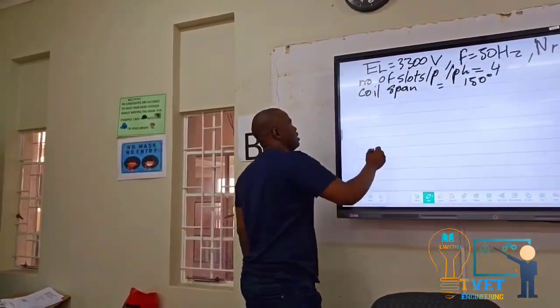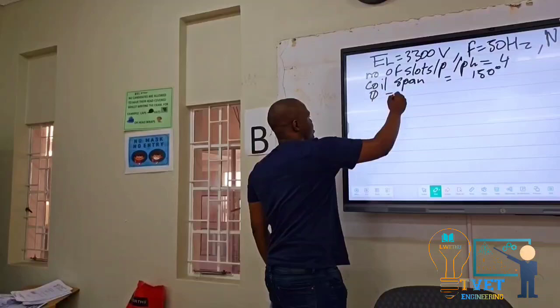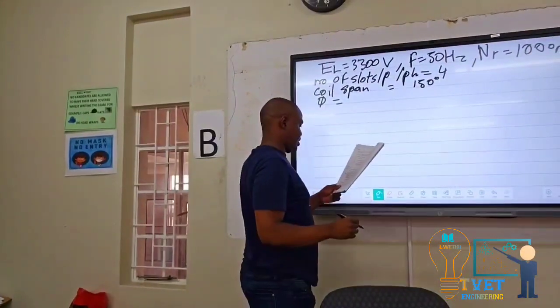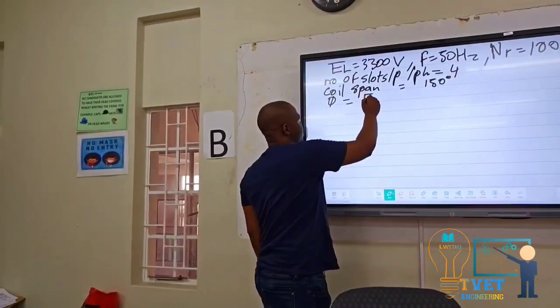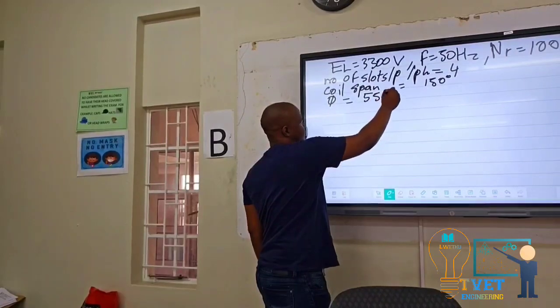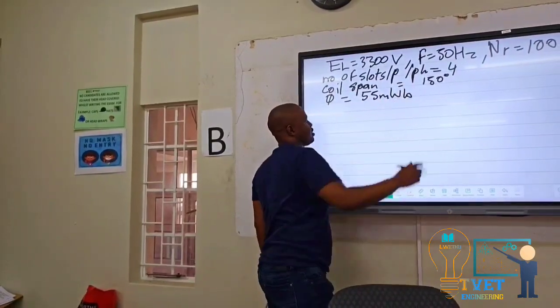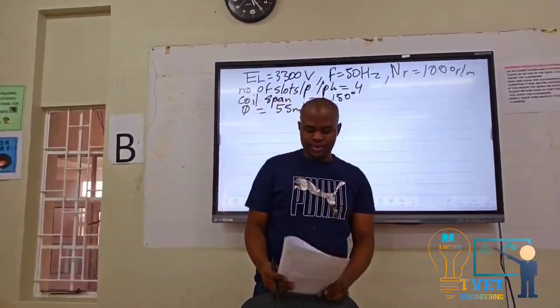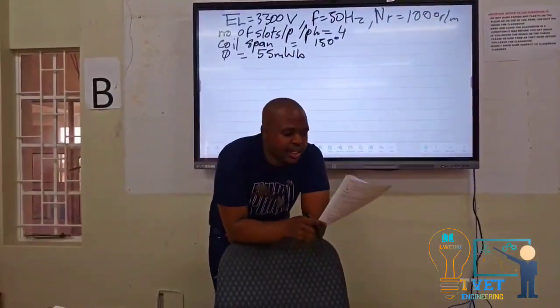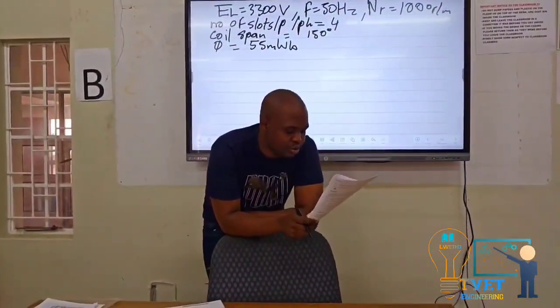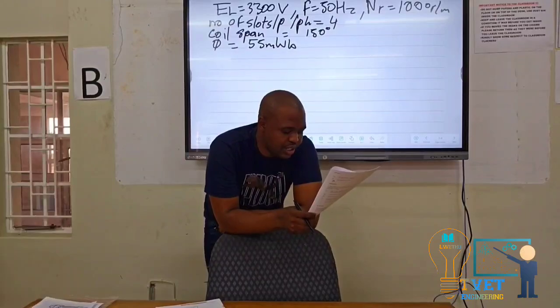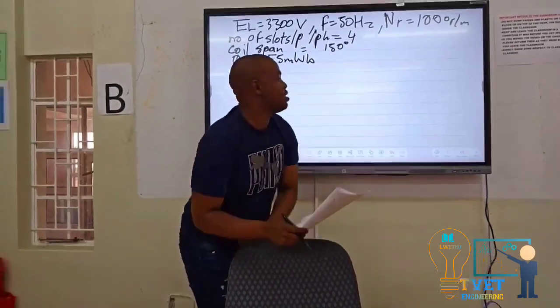Then the useful flux, which is 55 milliwebers. Okay, and we are asked to calculate the number of conductors per slot.